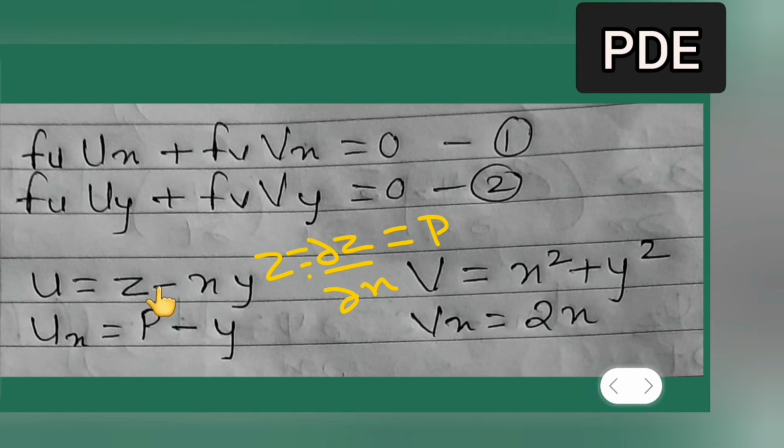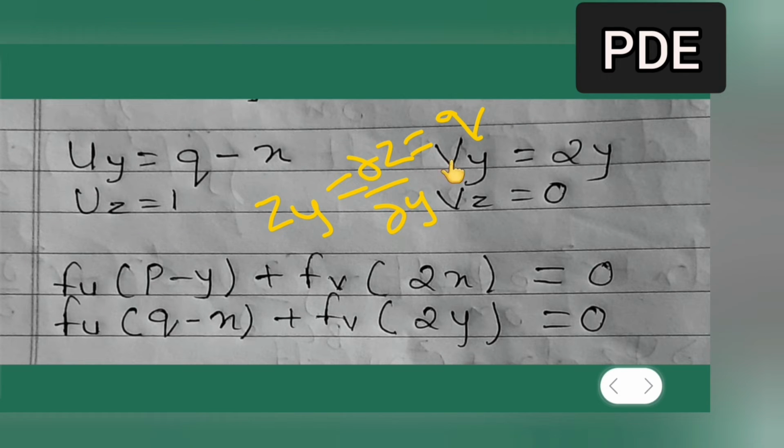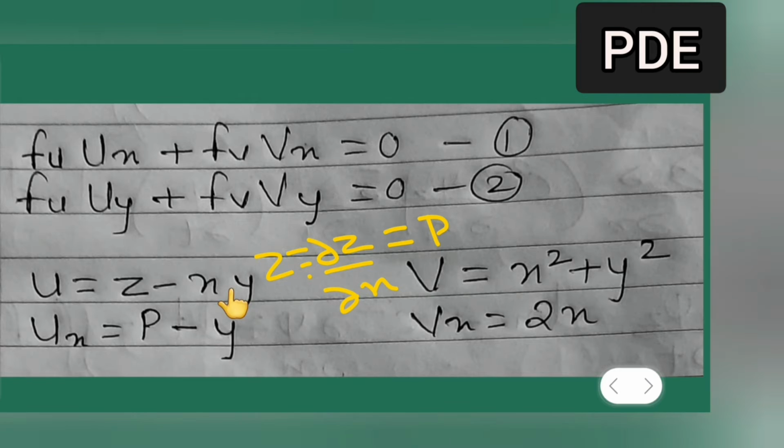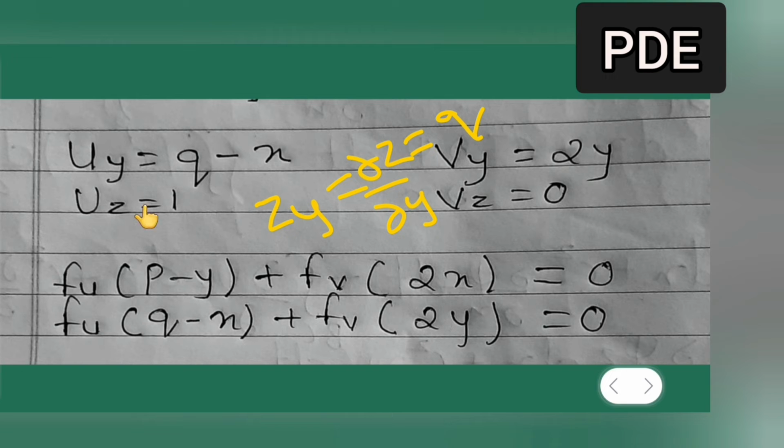And v_y, differentiated with respect to y, I am definitely going to get 2y. Now differentiate with respect to z, I am going to get 1, and this if I differentiate with respect to z, I will get 0.